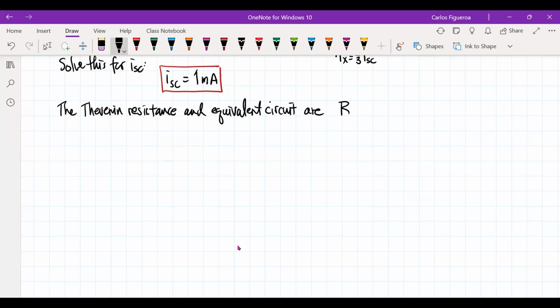I know that RTH has to be VOC over I short circuit, but this guy was 3 volts, this guy was 1 milliamp, so this becomes a 3 kilo ohm Thévenin resistance right here.